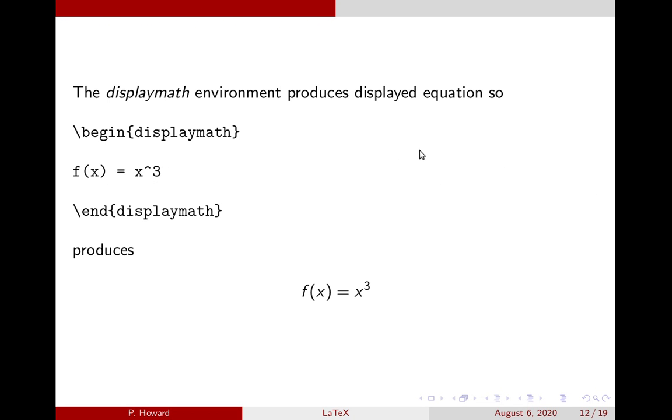The display math environment, as you might suspect, starts with a begin display math, ends with an end display math, and in between you type some mathematics, which is typeset on a line by itself and centered. And there are a few other minor differences between the display math environment and the math environment.